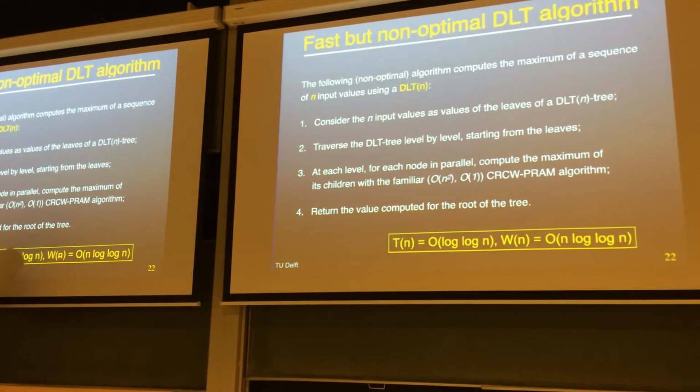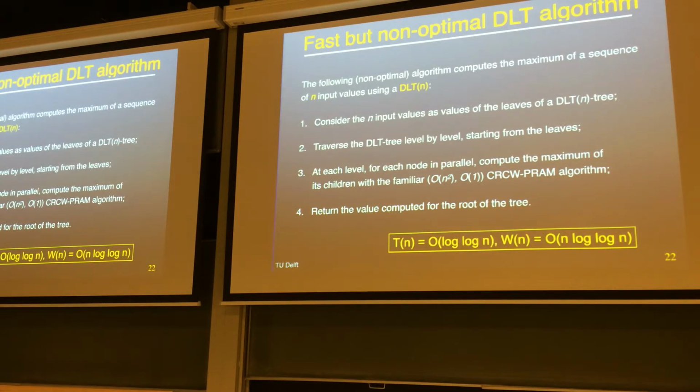And in fact, the amount of work will require O(n log log n). If you don't believe that, then simply give a look to the previous slides telling you what the number of nodes is per level that you have to process. Add them up and you will come up with O(n log log n).